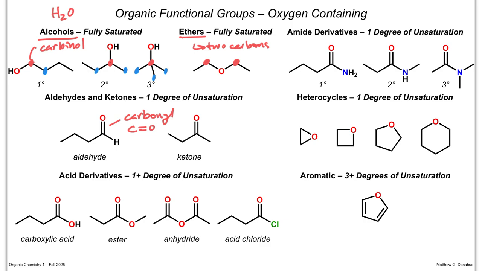So there's a lot of these because we're showing two bonds to carbon. That means it has two other bonds we can make. And so depending on what is bonded to that carbon will change the functional group name. So the first one is called an aldehyde. We can see the CO double bond. Aldehydes have an H and a carbon.